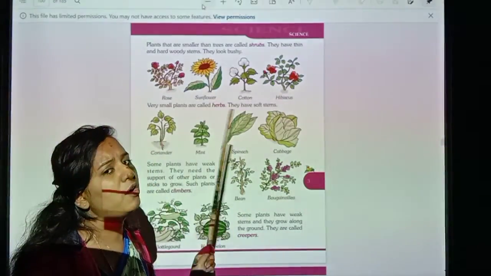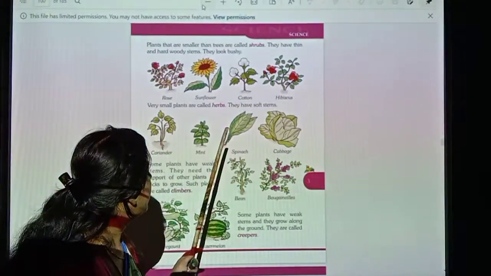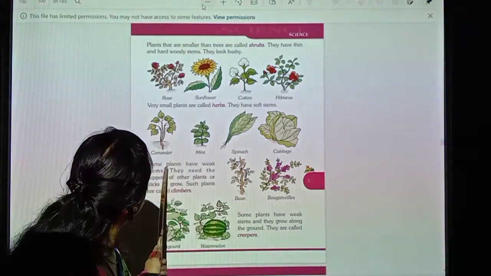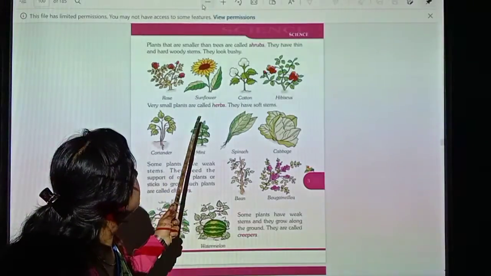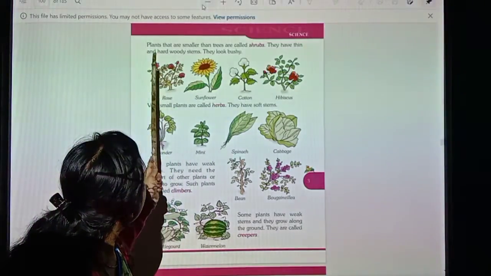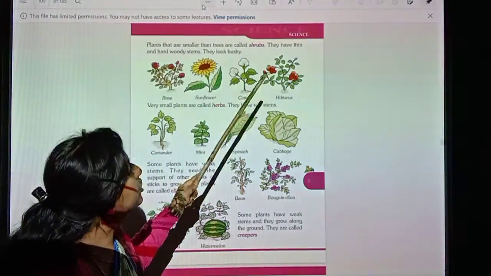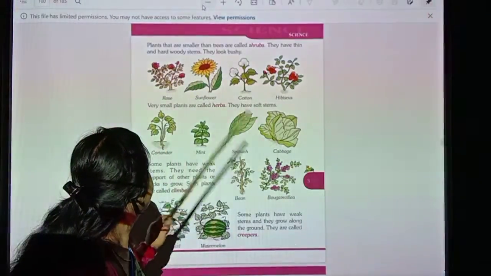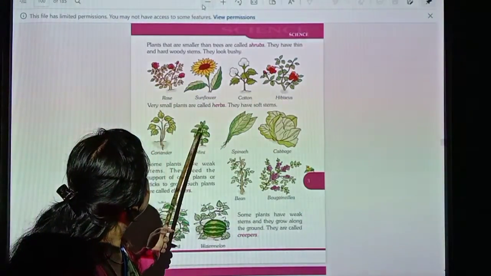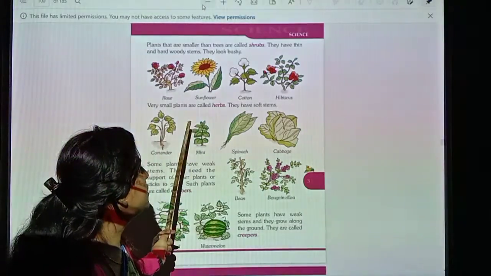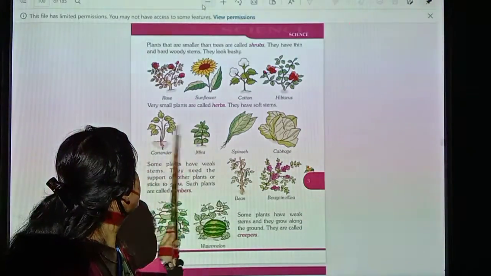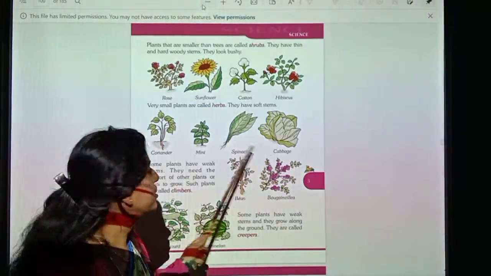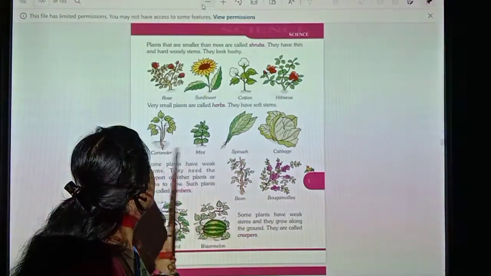They are all soft plants and also thin in size. Very small plants are called herbs, and plants smaller than trees and bushy plants are called shrubs. But herbs are very small plants like coriander, mint, spinach, cabbage. These are examples of herbs.